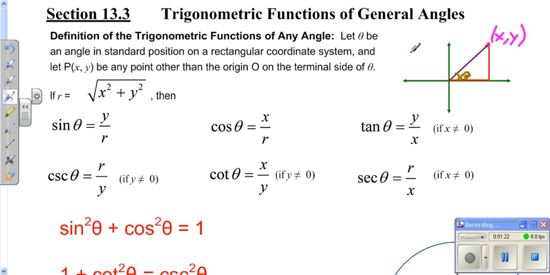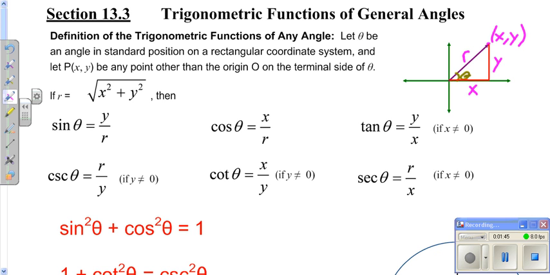But we would say since this point is x units over, this side is x. Since this point is y units up, this side is y. Your hypotenuse here, we could figure out by going x squared plus y squared equals r squared, and then taking our square root. And we're calling our hypotenuse r.